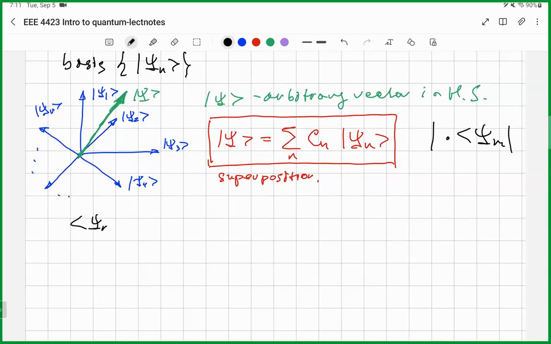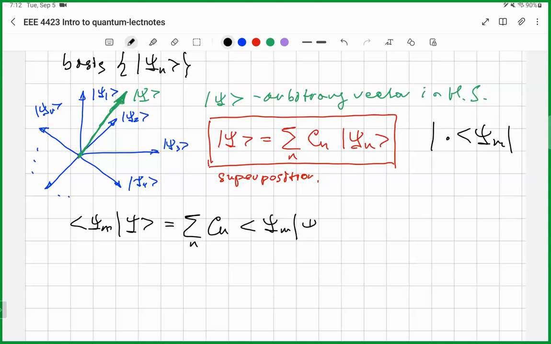We get psi m times psi, our vector, equals, since the summation runs over n, and our vector gets this index m, we can insert this vector into the summation and multiply each term by Cn, and then goes psi m psi n.